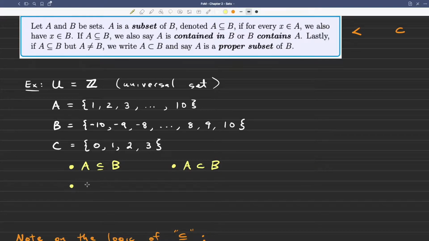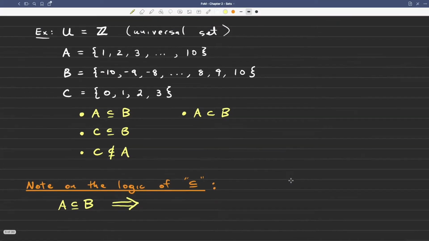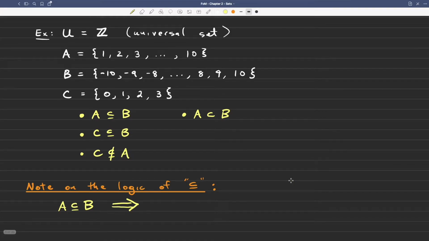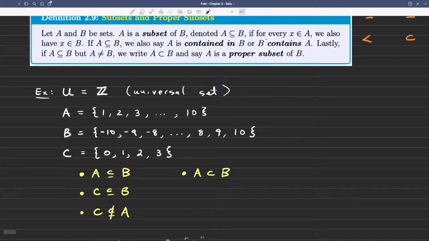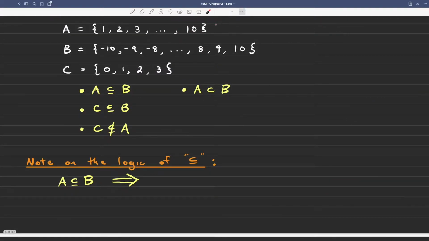I also see that C is a subset of B, but C is not a subset of A because C has one element that A does not, 0. Okay, and I want to talk a little bit about the logic of when you say A is a subset of B. When you look at the definition, it's not completely transparent, but this part right here, if for every x in A we also have x in B, one way that we can phrase that is to write it this way.